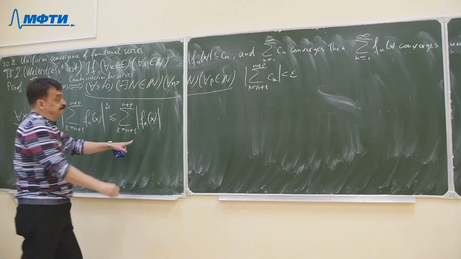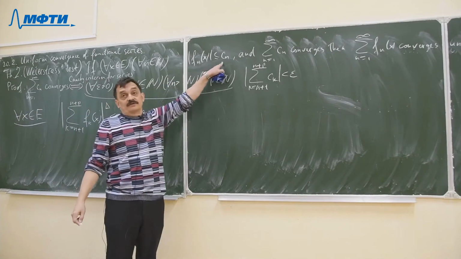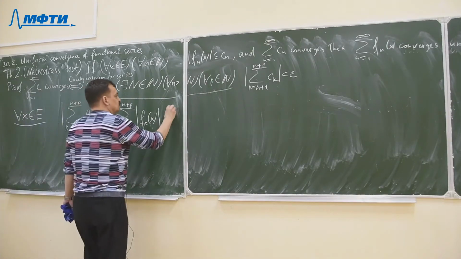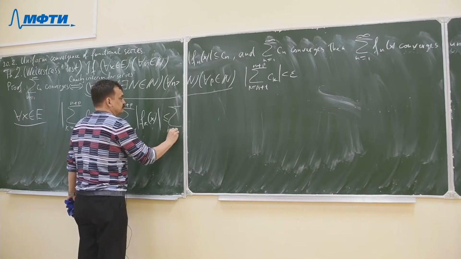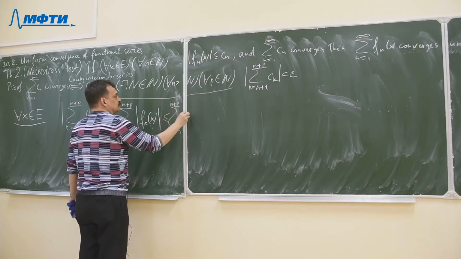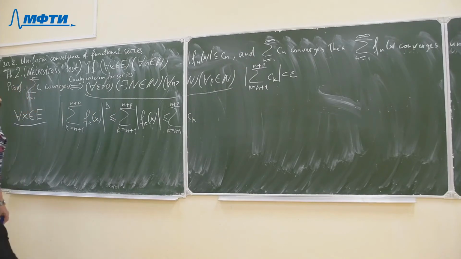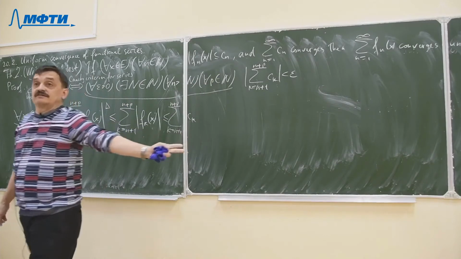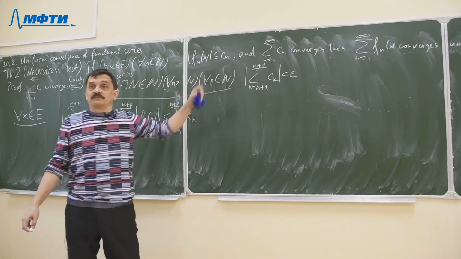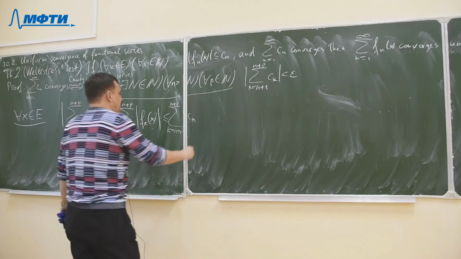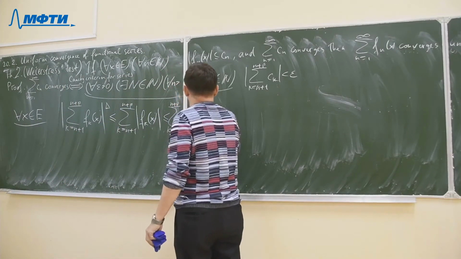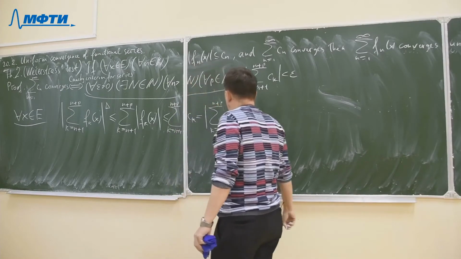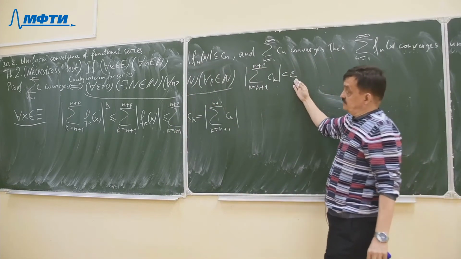Next, I'll use the condition |fk(x)| less than or equal to ck. So I replace, and of course we observe that all cn should be non-negative, right? Otherwise this inequality is impossible. And it means that I can put the modulus here. All of them are non-negative. And that is less than epsilon, right?